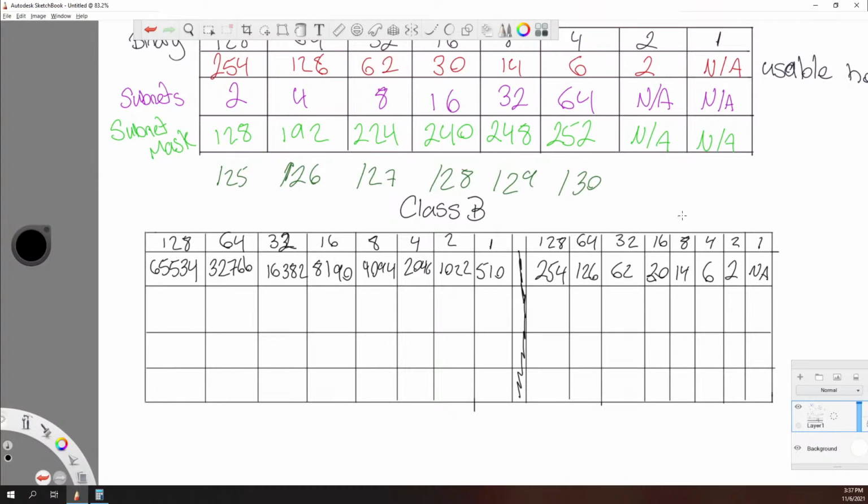And if you wanted to figure this out, you could basically continue the binary across.